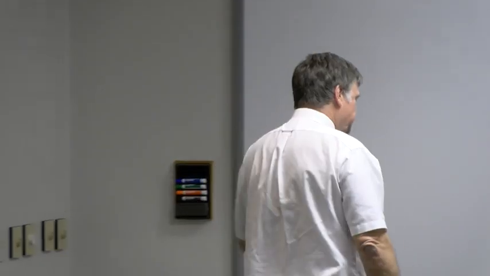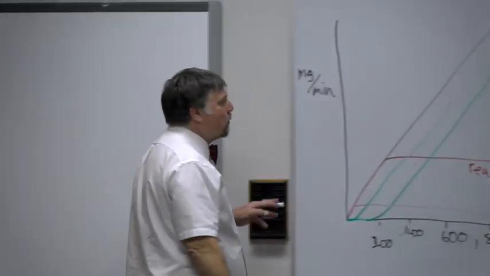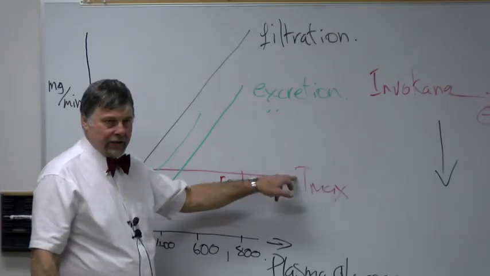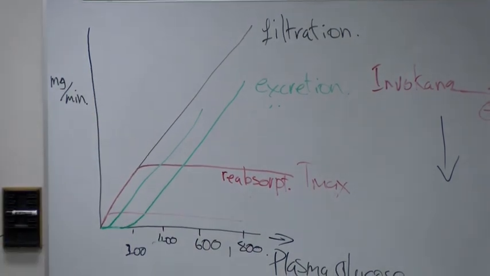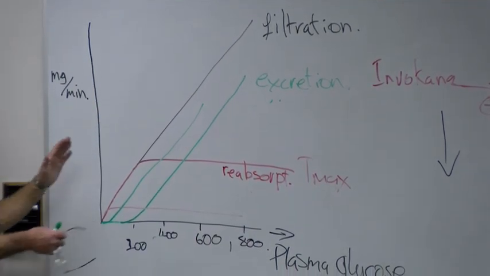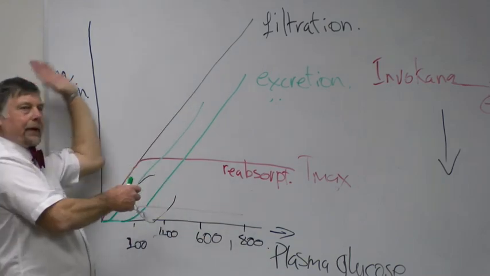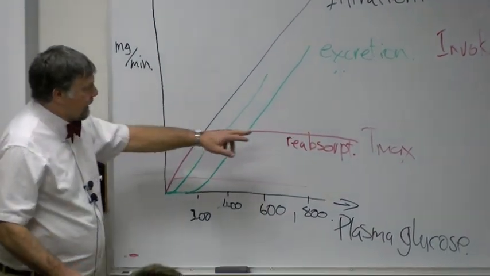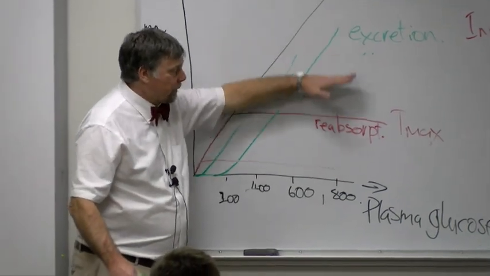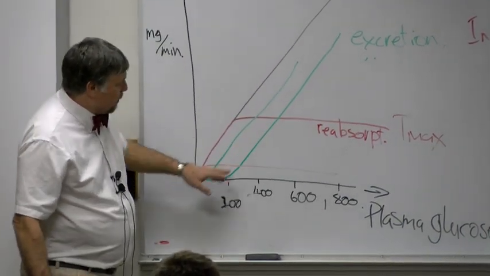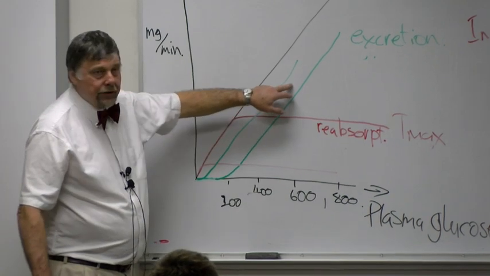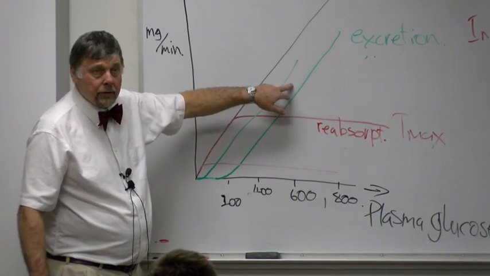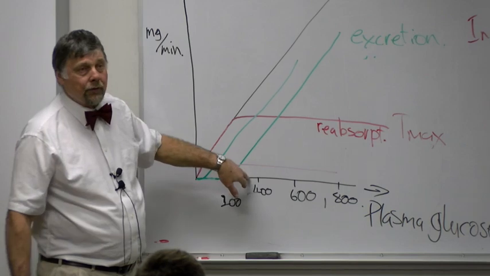Yeah, I think the only thing that can change is basically the Tmax. I can't think of anything else that would bend these lines this way. But definitely, anytime this changes and comes up and down, the excretion lines will tend to follow it in a logical fashion.